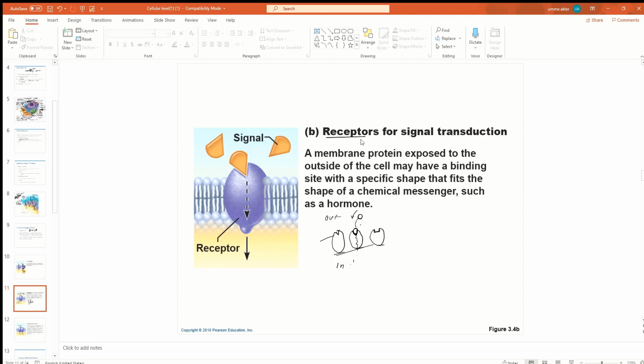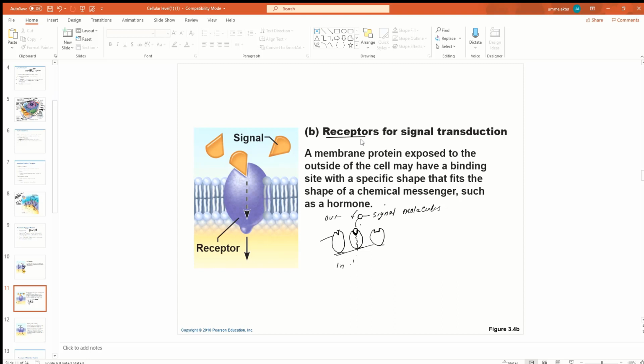So this hormone molecule, or the medicine you take that works on the cells of the body, these are called signal molecules. Signal molecules bind with the receptor proteins.